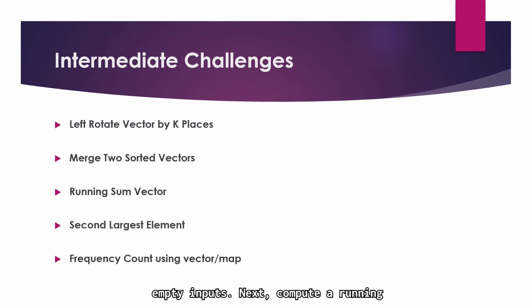Next, compute a running sum where each element becomes the sum of itself and all previous elements. This is a great test of accumulation and loop control. The second largest element problem is a common interview favorite. Can you find it in one pass? Finally, try creating a frequency counter, either using a vector or combined with a map. This is an intro to combining STL containers for real utility.